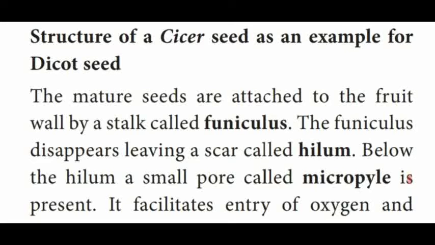Just as we said the stalk of an ovule is the funiculus, likewise the stalk of a seed is also named as funiculus. This funiculus, or stalk of a seed, leaves a small scar, like a small pit where the stalk broke off. That scar is named as hilum.